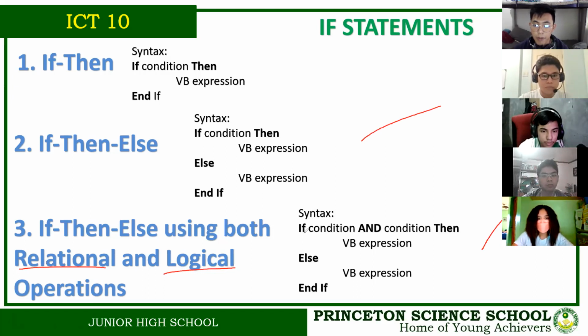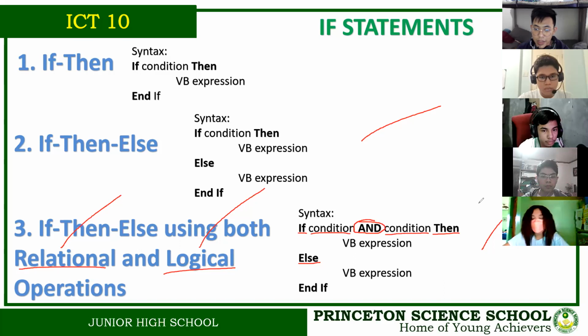It is very much similar to the if then else, but with this one, we have two conditions. So condition one, condition two. Those are the relational operators, that is what it is going to use. And for the logical, we are using the and. That is why it is using both relational and logical operators.